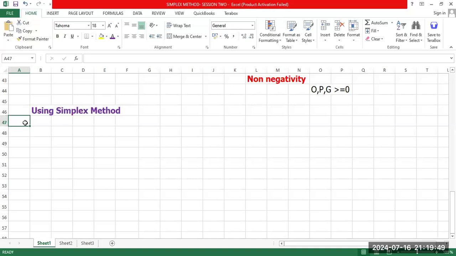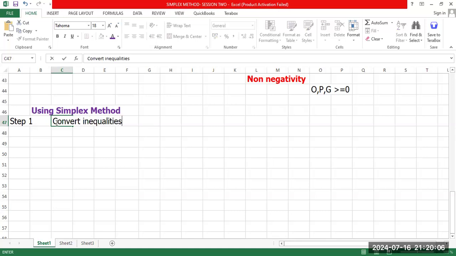Step 1, convert inequalities into equations by introducing slack variables.